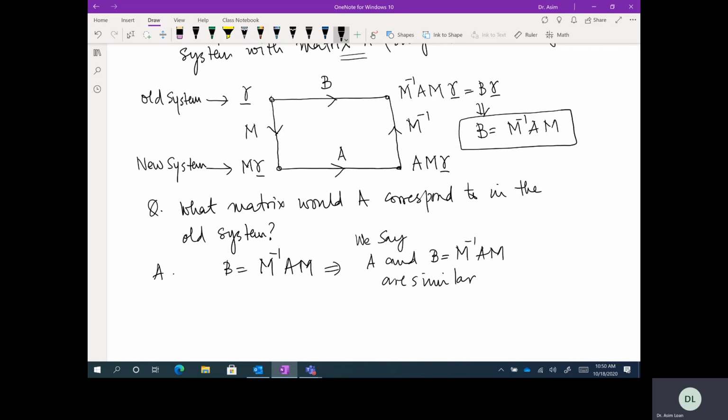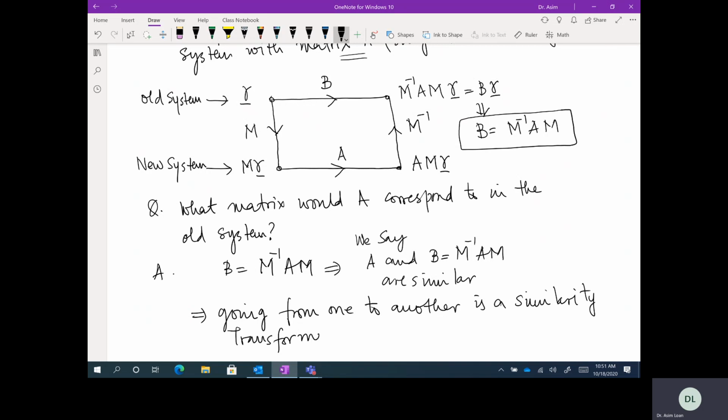So going from one to another is a similarity transformation.